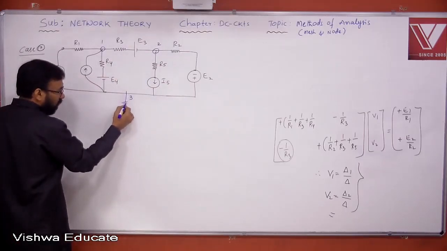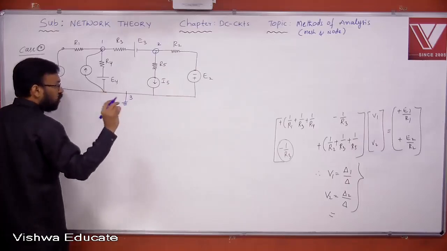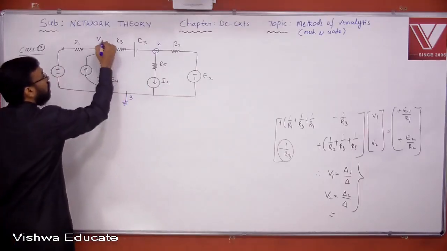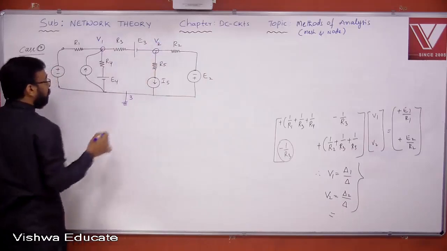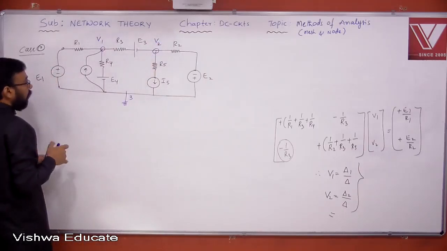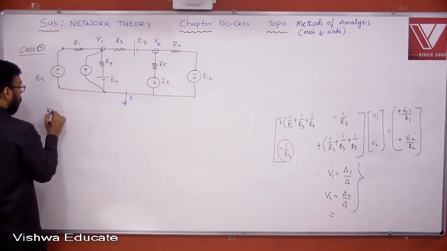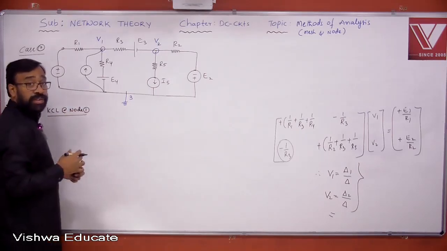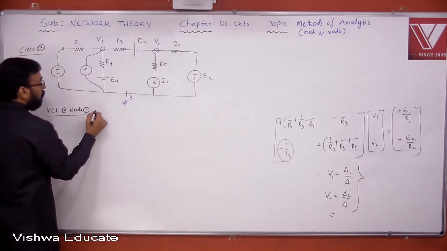Select one node as a reference node, any node, but the bottom node is usually selected. That's a common practice for anybody. V1 and V2. That's it. Apply KCL at node 1.